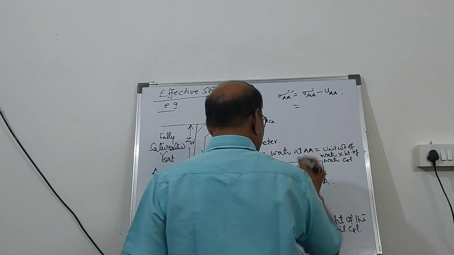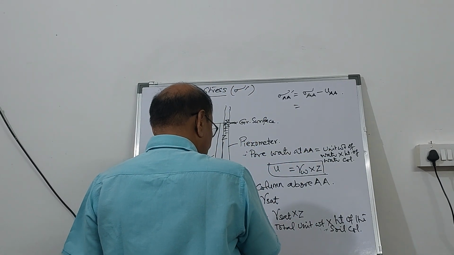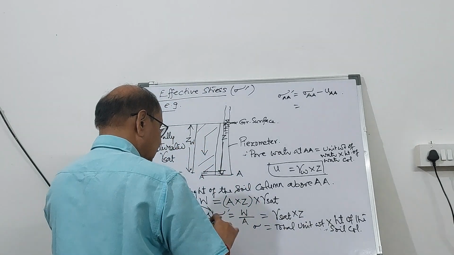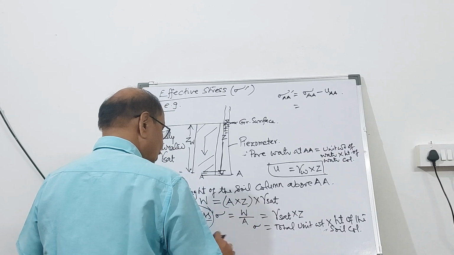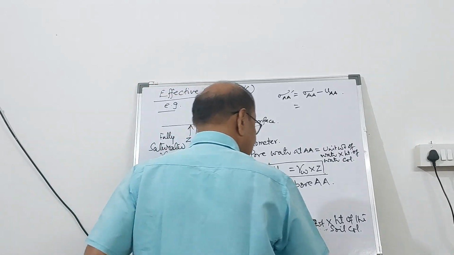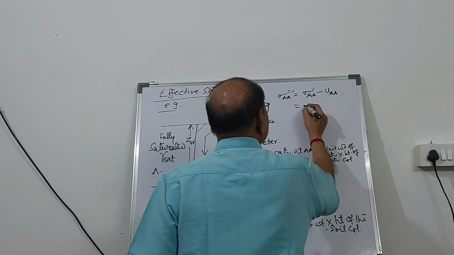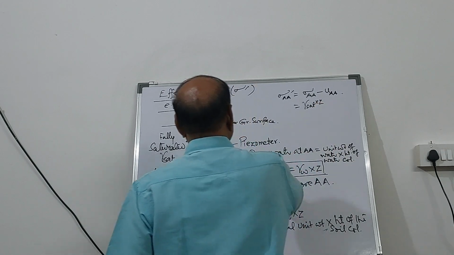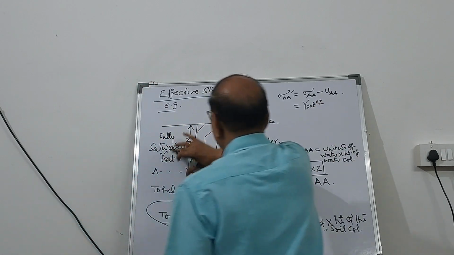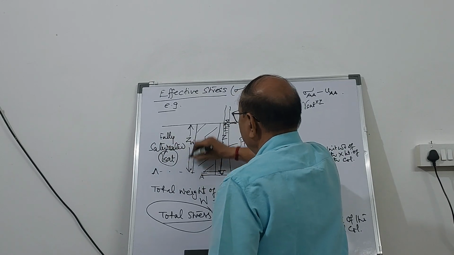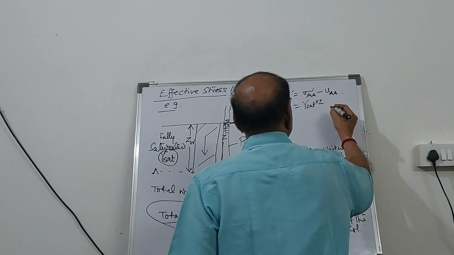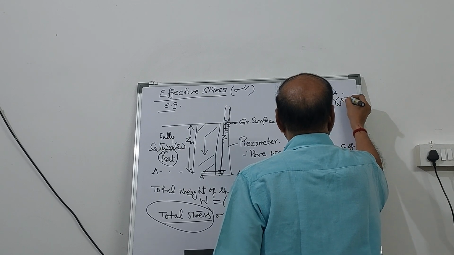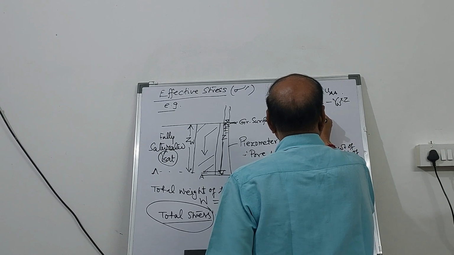Therefore, the total pressure is already known to you. This is sigma, so sigma equal to gamma sat into Z. This is the saturated soil mass. So gamma saturated into the height of the soil column, minus the pore water pressure, gamma W into Z. So Z can be common.